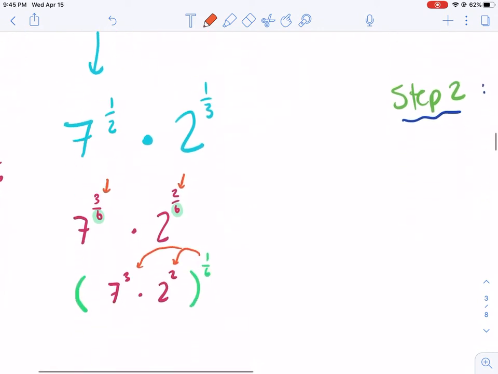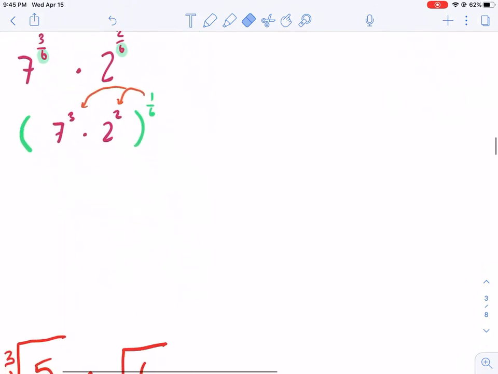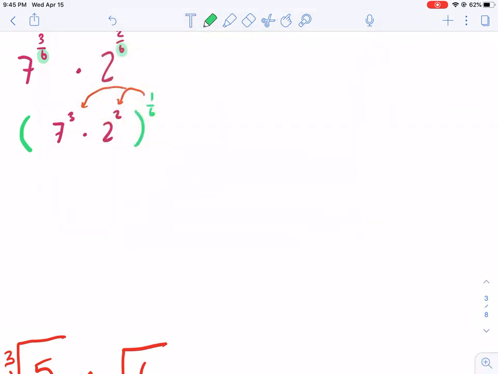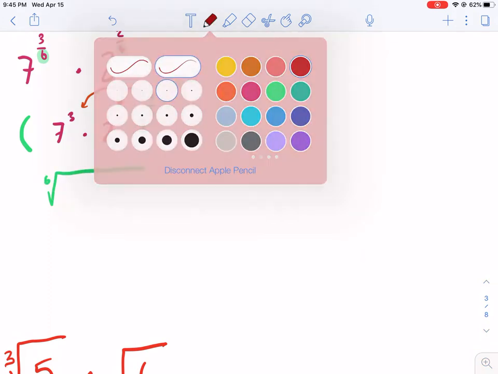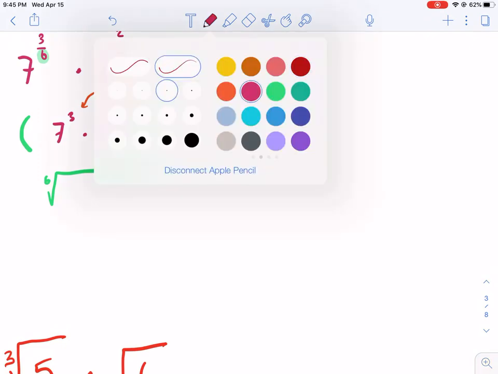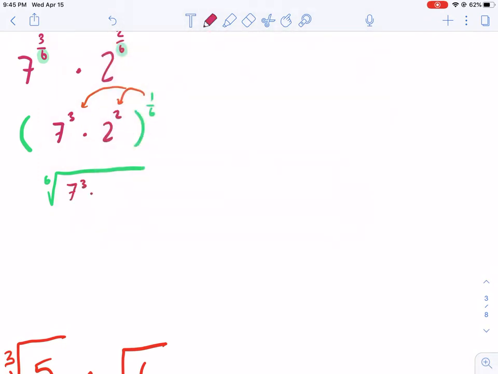That's within the rules of mathematics, and now I have a much easier problem. Now I can combine them, where before I couldn't do anything. Essentially this is the 6th root of 7 cubed times 2 squared.